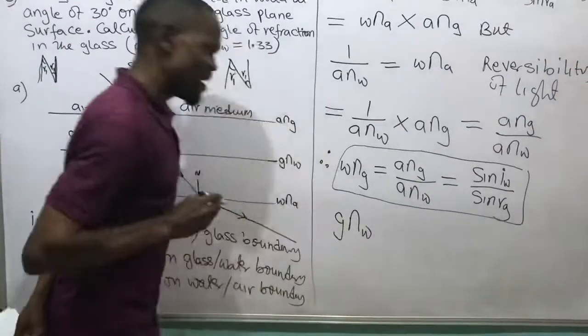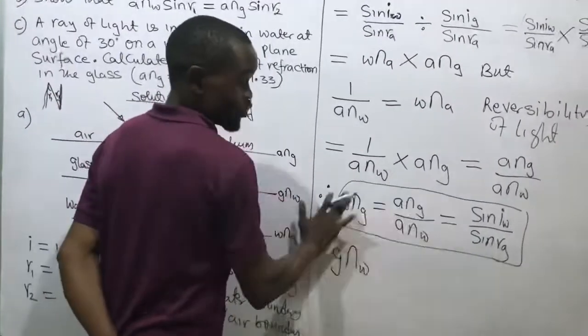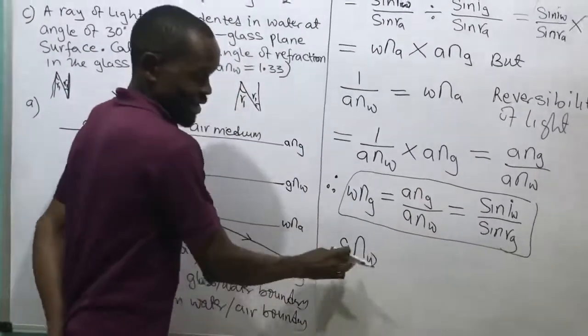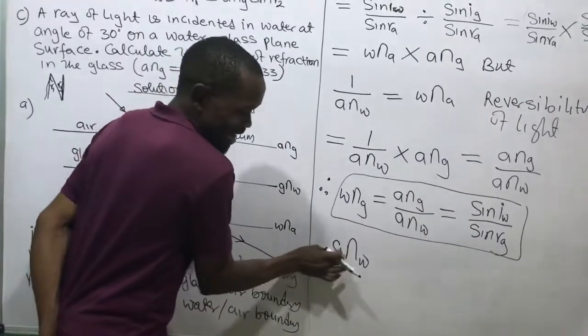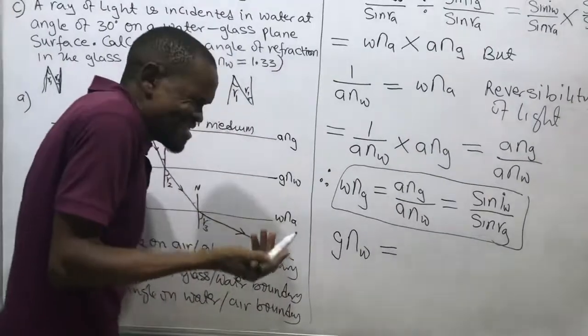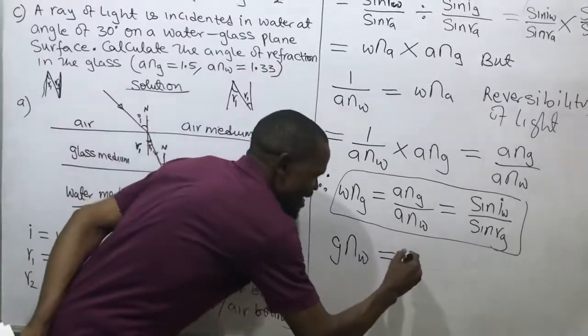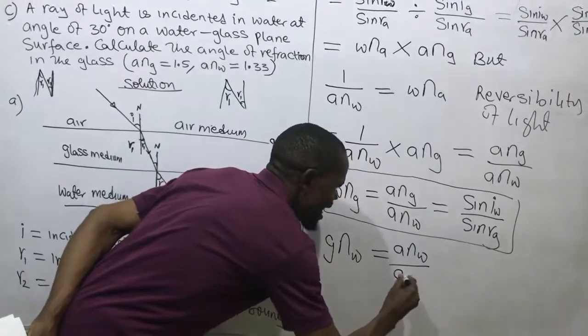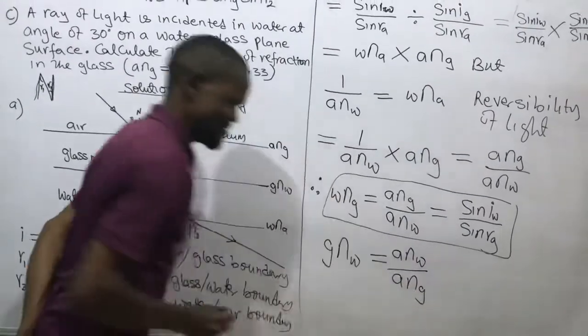Are you here? Assuming we are given glass to water, it simply means from what we have already derived, air to water over air to glass.